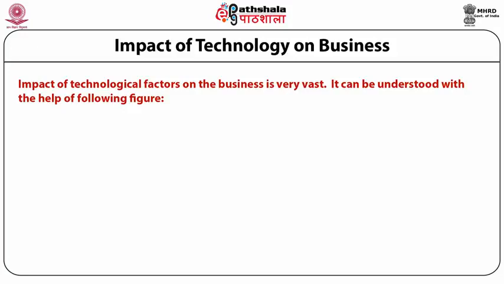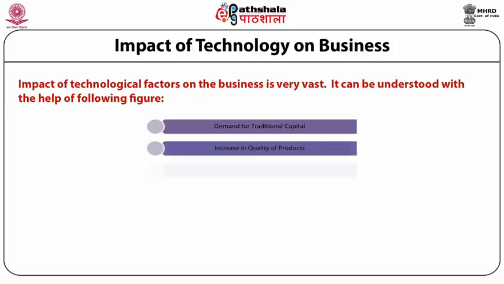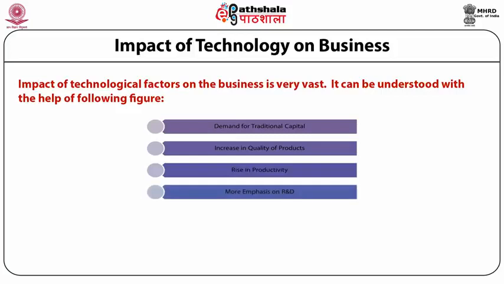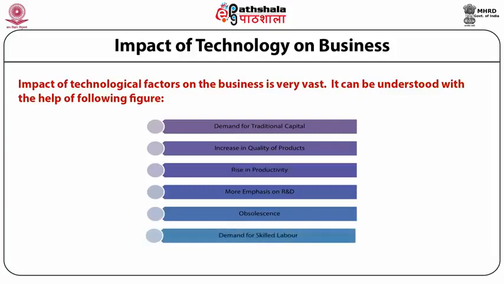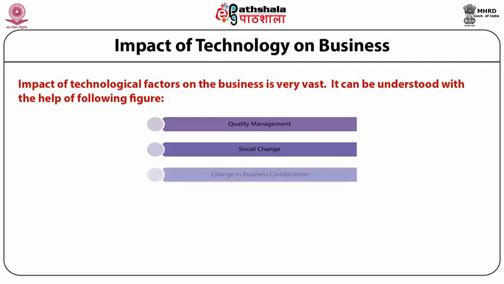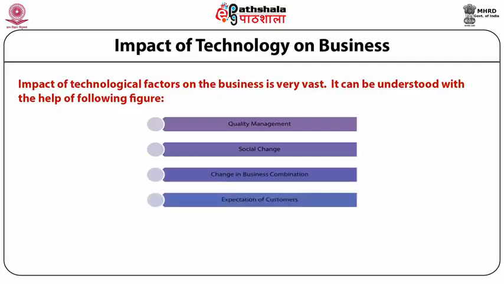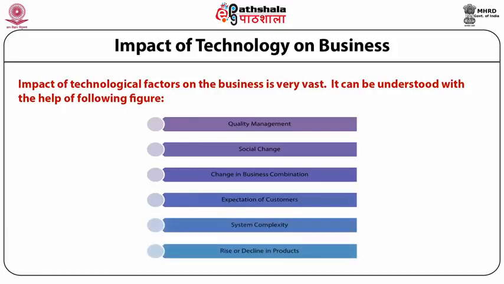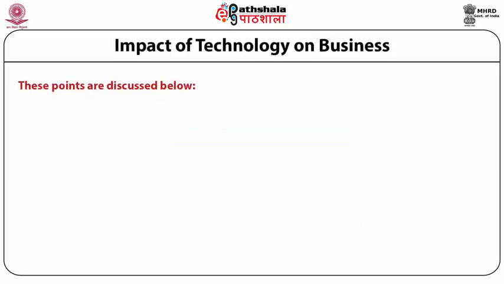It can be understood with the help of the following figure: demand for traditional capital, increase in quality of products, rise in productivity, more emphasis on R&D, obsolescence, demand for skilled labor, organization structure becomes technostructure, quality management, social change, change in business combination, expectation of customers, system complexity, rise or decline in products. These points are discussed as follows.